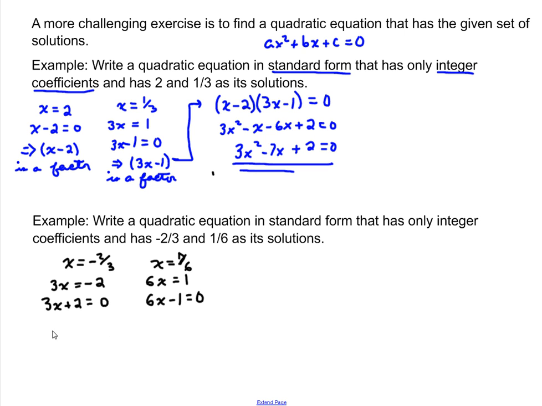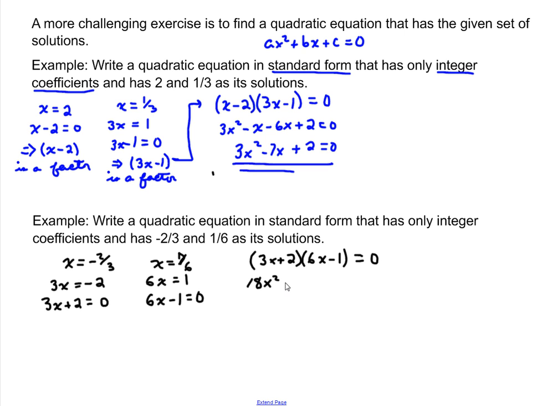So this is going to give us 2 factors right here. Our factors are going to be the quantities 3x plus 2 and 6x minus 1. We're going to set that equal to 0, and if we're going to put it in standard form, that means we're going to go through and use our FOIL method to multiply things out. 3x times 6x is going to give us 18 times x squared.